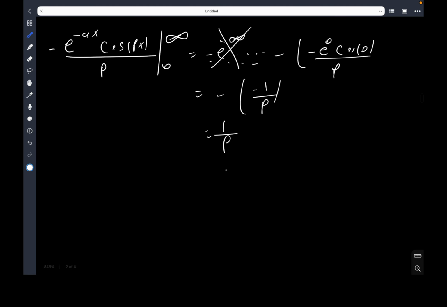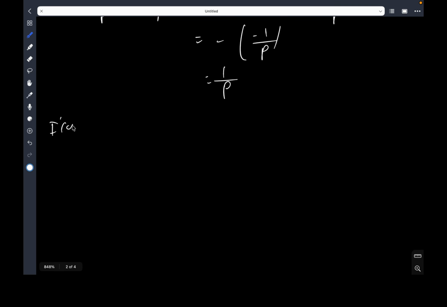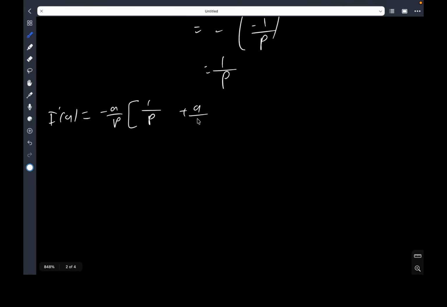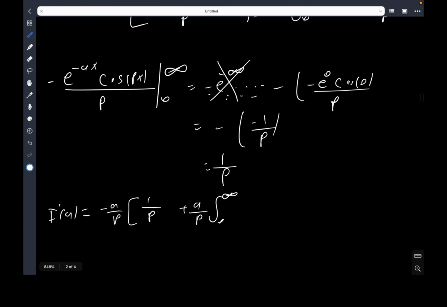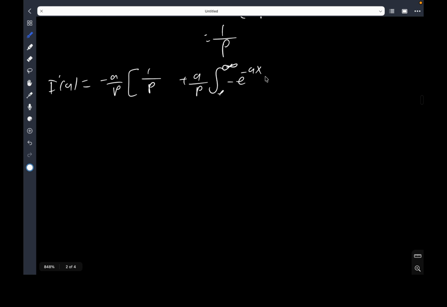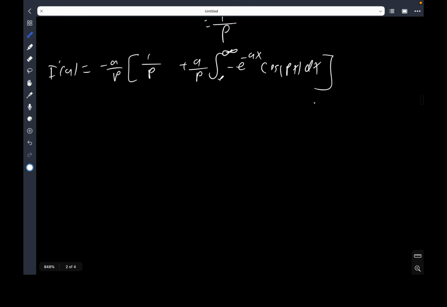So my I prime of a is negative a over p times 1 over p plus a over p times the integral from 0 to infinity of negative e to the negative ax cosine of px dx.